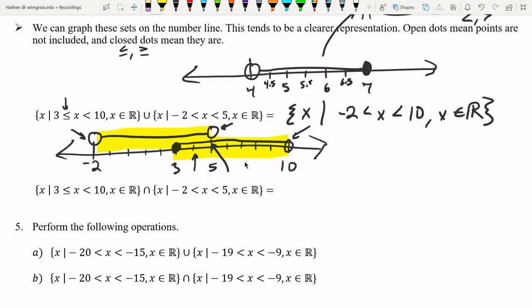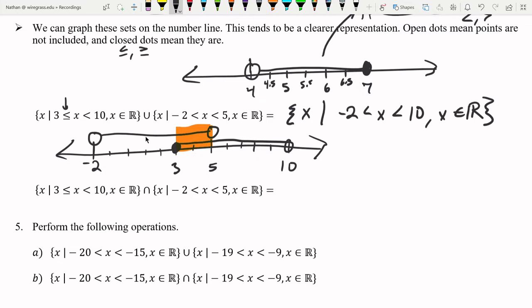Now the intersection ends up being, I think, a little bit easier to see. The intersection is the overlap of these two sets, just like it was for the Venn diagrams. We're only looking at the overlap, and the overlap is right here in this middle portion. Again, we care about what's in both sets.